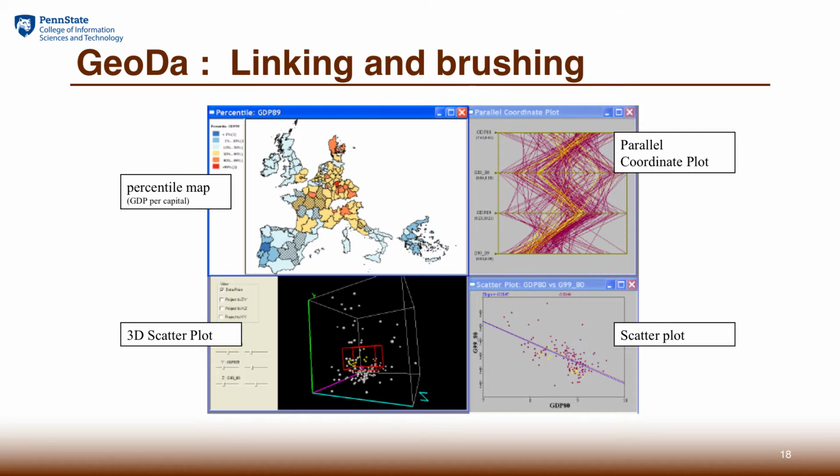And all these windows, all these views are linked so that the selection on one window will be reflected on the other windows. The kind of dynamics across these windows through linking and brushing is almost unlimited.